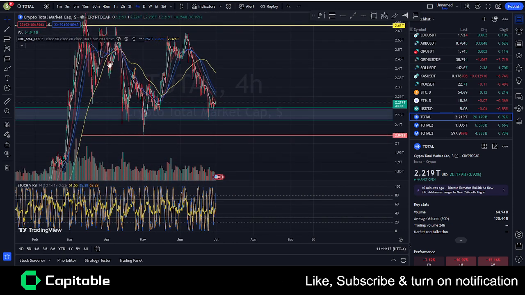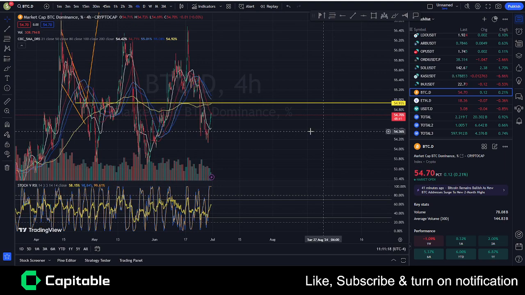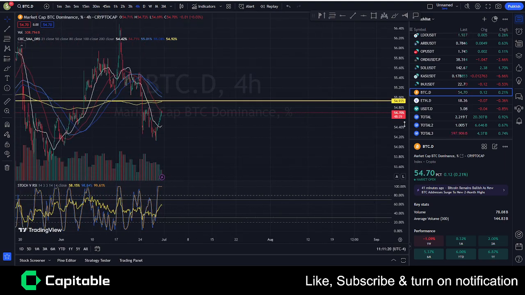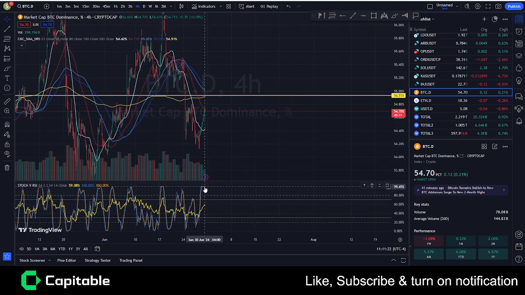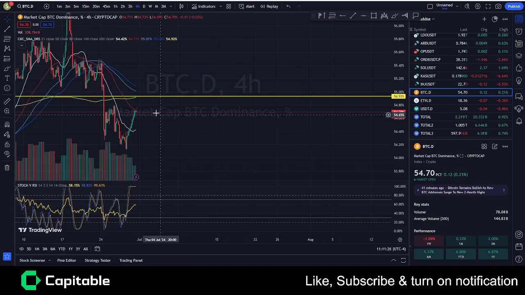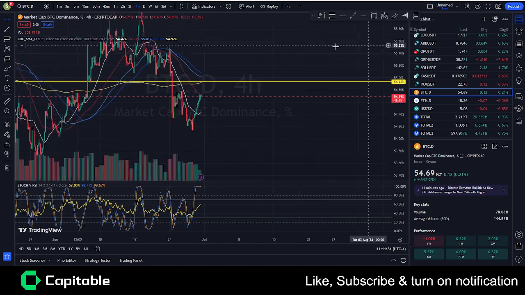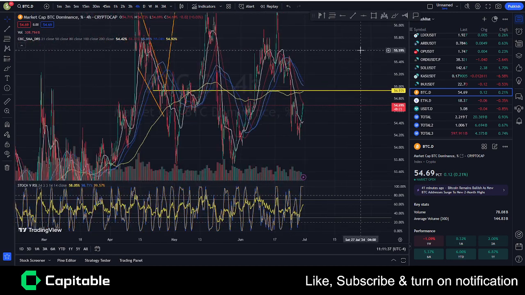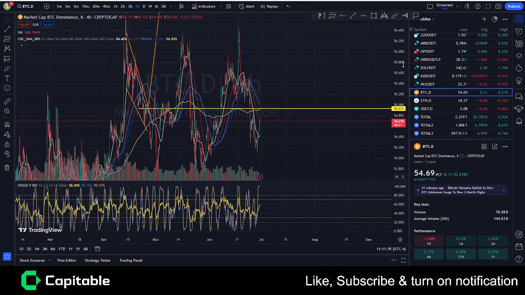So it's the same pattern. So AM pattern, getting support. Bitcoin dominance. We're still heading back up, but 100 stochastic RSI, which means we could come back down. Or we could go sideways, form a flag, and head back up to 55%. So yeah, watch out for these two things.